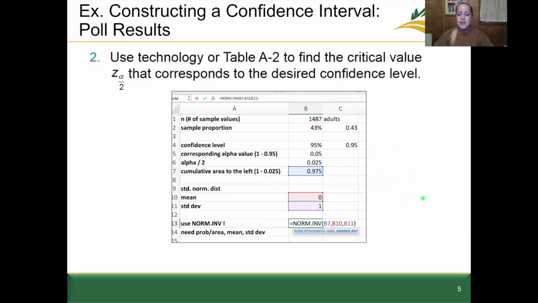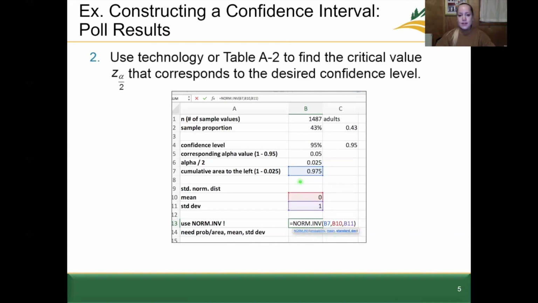In order to find that corresponding z-score that separates the large portion under the curve from that 0.025 area that's on this hand side of the curve, then I need to know an area value, and I need to know a mean, and I need to know a standard deviation value. We know that we can link a probability and an area value. So when we have this cumulative area from the left, that's our probability and our area value at the same time.